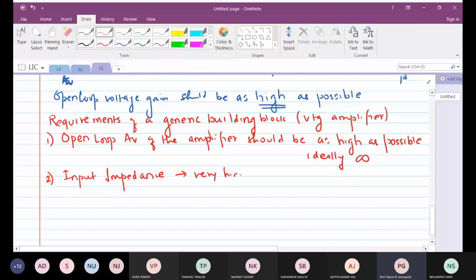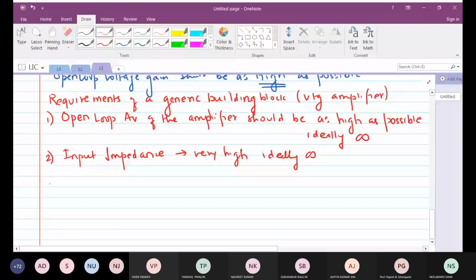Ideally, infinity. We have already seen that. What about the output impedance? Very low. Very good. Ideally, zero. Number 4, what about the bandwidth?